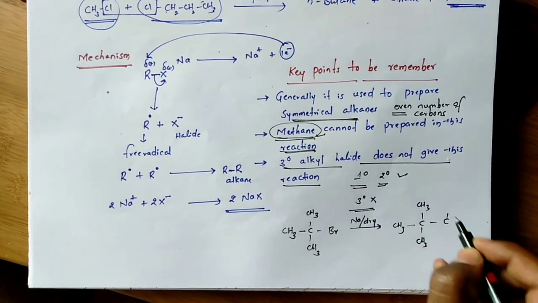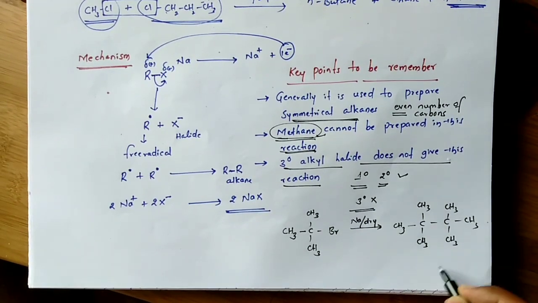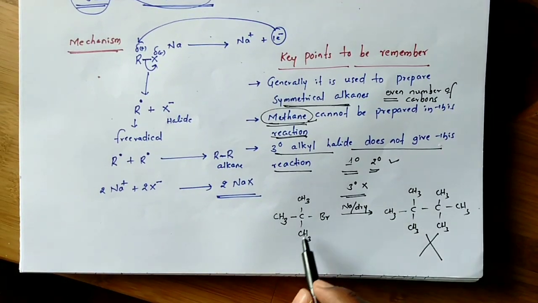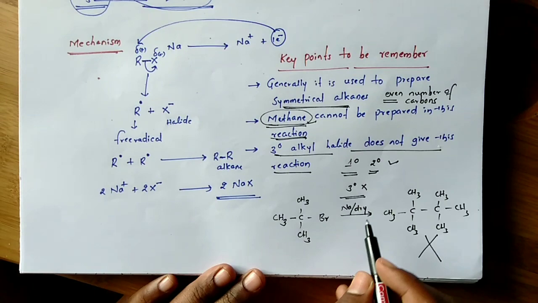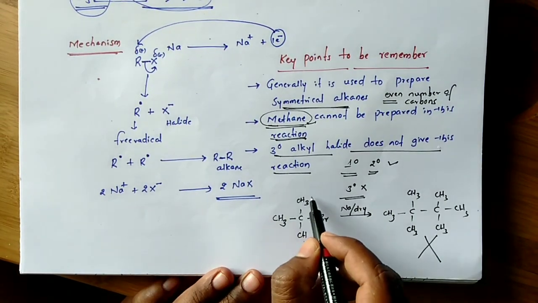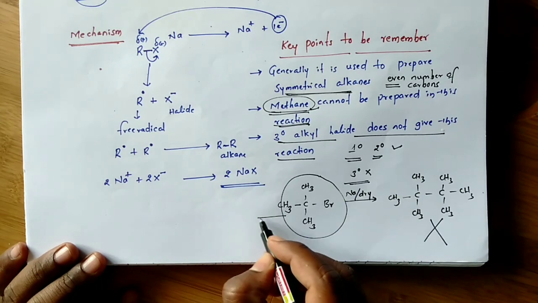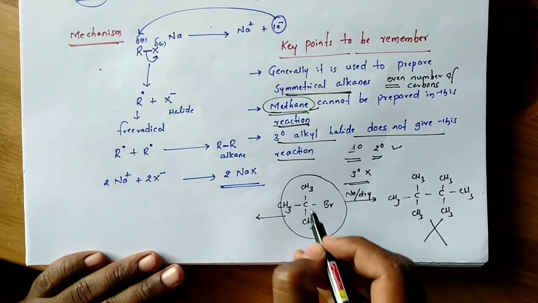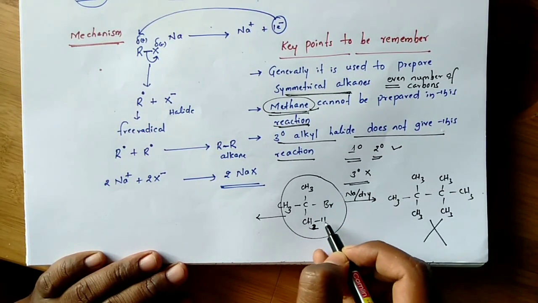What is the reason? So this product cannot form in this Wurtz reaction. Tertiary alkyl halide is never involved in the Wurtz reaction, because here this tertiary alkyl halide will undergo dehydrohalogenation, an elimination reaction. How? For example, see here I am taking CH2 and H.